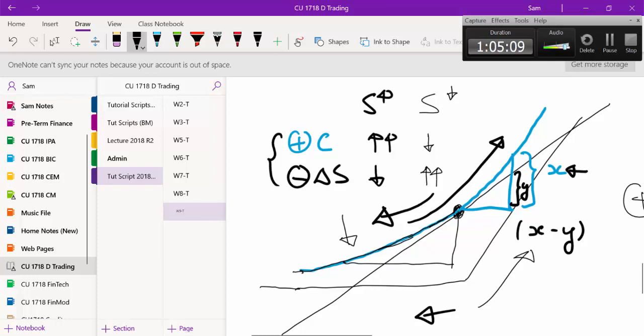Let's say the stock price is now here. Okay? I have to draw the triangles the other way.